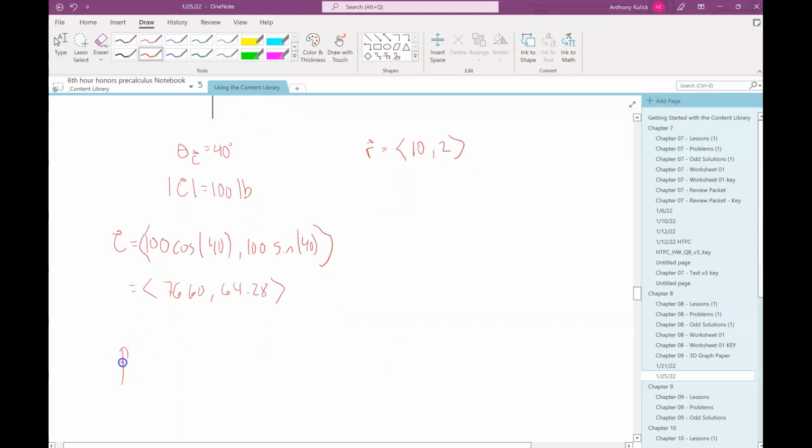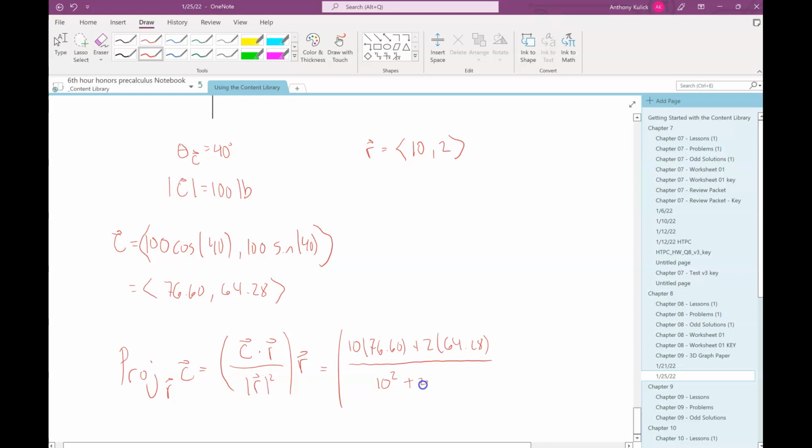Okay. So now let's calculate the projection of C onto R. So that's C dot R divided by the magnitude of R squared times R. So that's going to be 10 times 7660 plus 2 times 6428 divided by 10 squared plus 2 squared times the vector 10, 2.